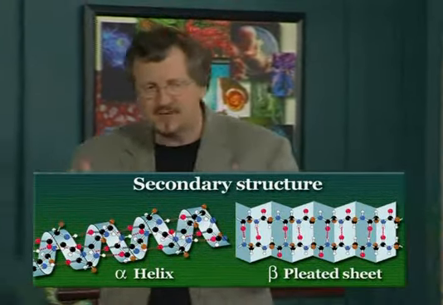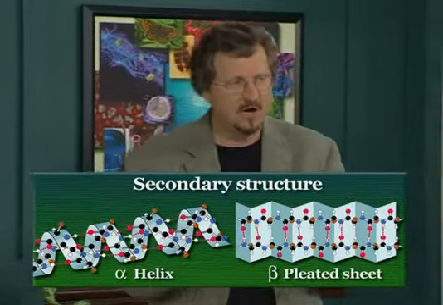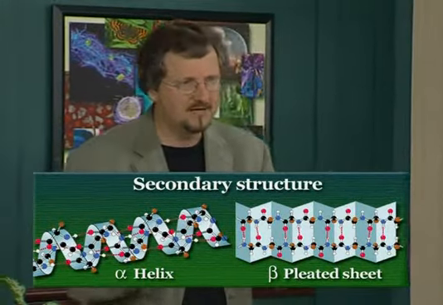Now, these particular structures come about from weak chemical interactions that are occurring along the backbone of the amino acid sequence. Remember, the carbons and the nitrogens that are the backbone form a very regularly repeating pattern of nitrogen, carbon, carbon, nitrogen, carbon, carbon.